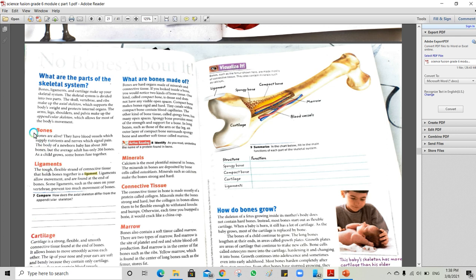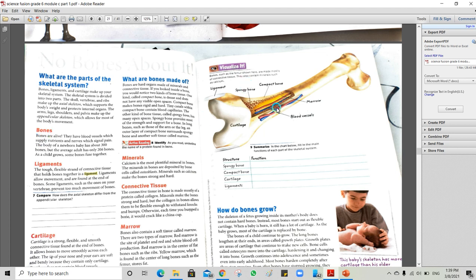Teacher, bones are alive. They are not dead cells. Yes, I agree with you. But why are bones alive? This is an important question, actually. Bones are alive because of two reasons. The first one, they have blood vessels.